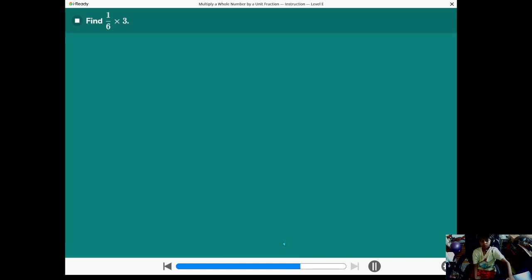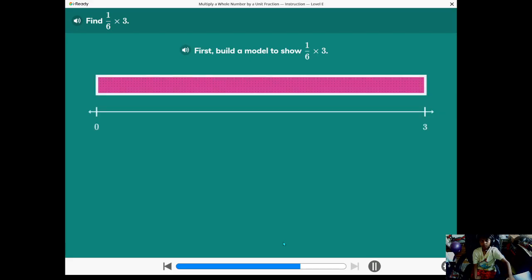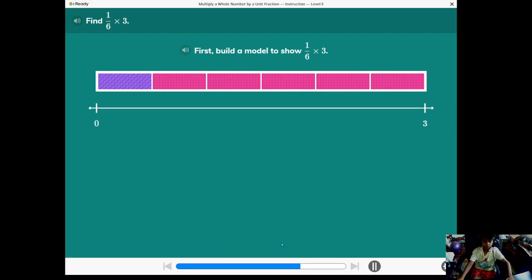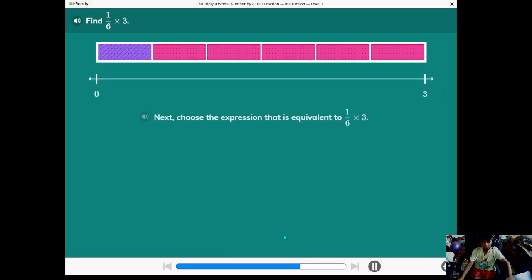Find 1/6 times 3. First, build a model to show 1/6 times 3. Next, choose the expression that is equivalent to 1/6 times 3.